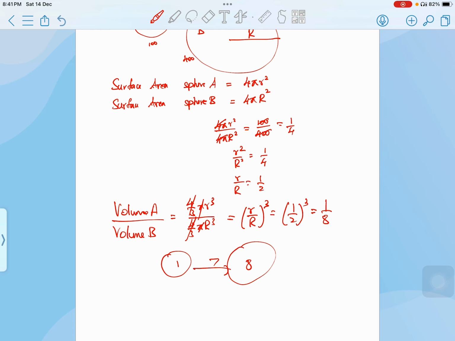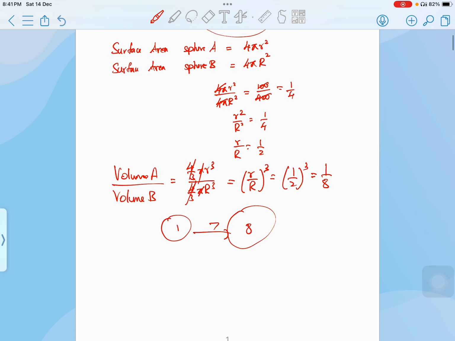Can you understand? So they are asking you volume of A is found to be how many percentage k percentage lower. So we found that 7 by 8 part is lower than B. A is 7 by 8 part lower than B. So which means how many percentage means 7 by 8 of 100 percentage means 700 by 8 percentage.